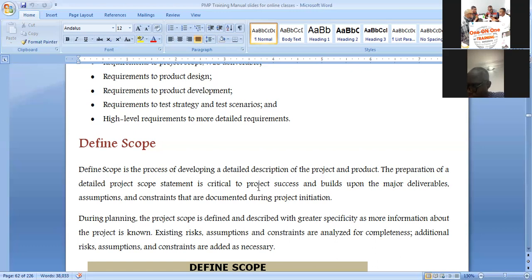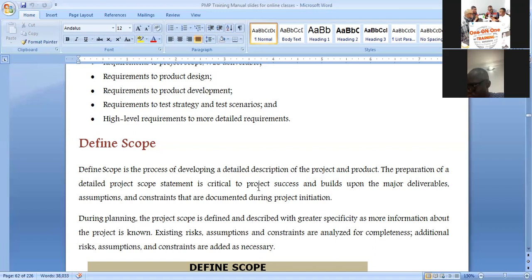Sometimes when we are moving into a territory that we are not familiar with, as we move on, we will be learning. There will be learning curves. So as we are learning, we will be populating our scope, making it better, fine-tuning it. So that is called progressive elaboration.